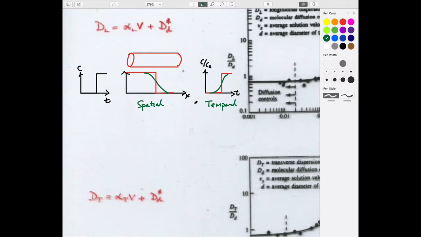And so what you could do is you could do some experiments in the lab to look at either the distribution of the concentration in the core, not very easy because you can't see into it, or look at the concentration as it arrives downstream in your beaker as it comes out of the core.